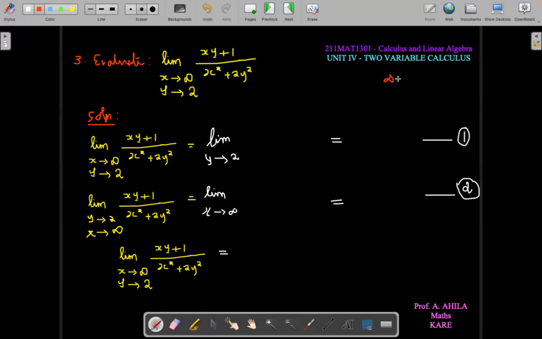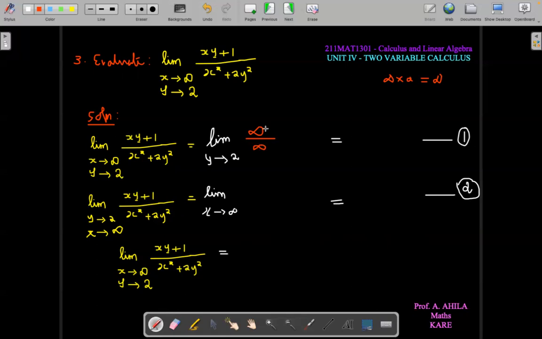Infinity times anything, or infinity plus or minus anything, is always infinity. So when I substitute x equal to infinity here, the numerator is infinity and the denominator is also infinity, isn't it? Both values go to infinity.